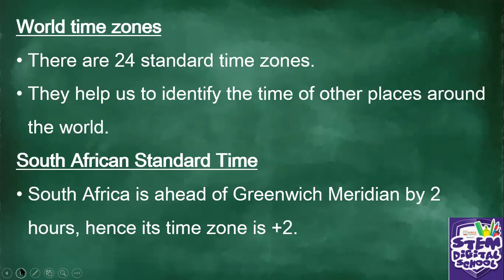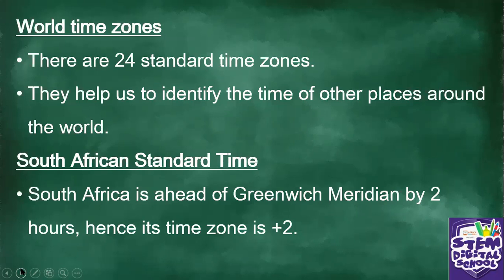Why? For example, if you want to fly from South Africa to Australia, remember Australia is another continent far from us, and yet they've got a different time. They are in a different time zone, different from us.